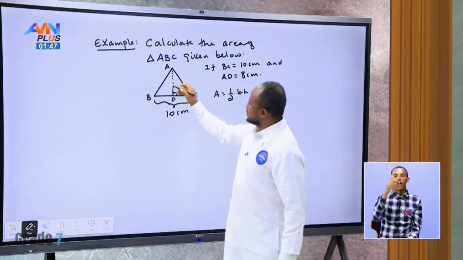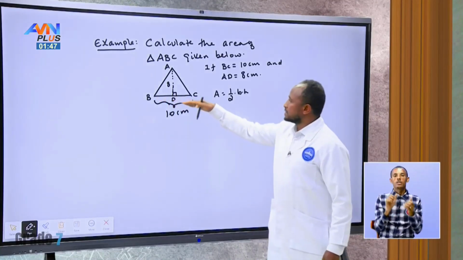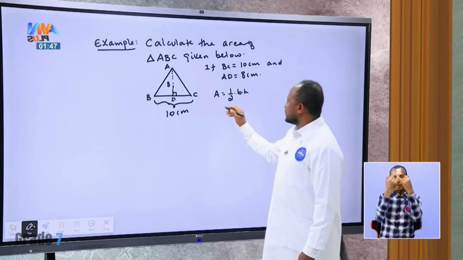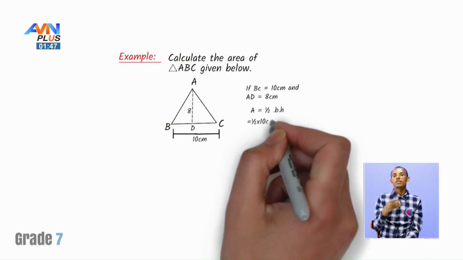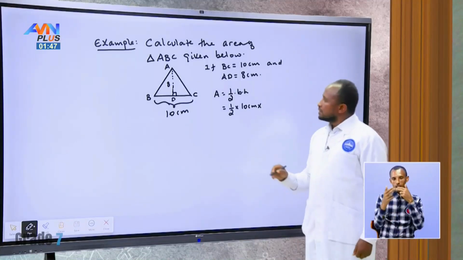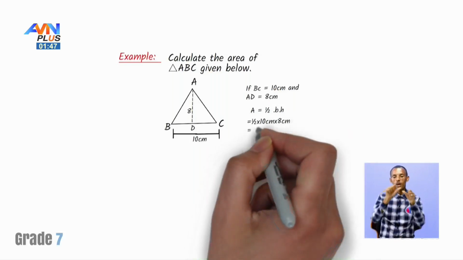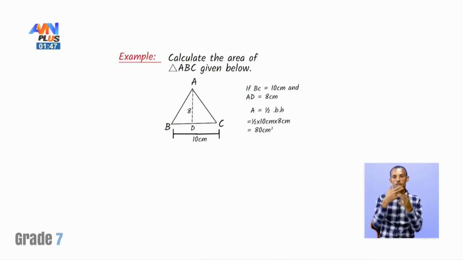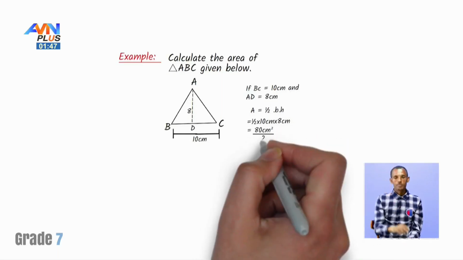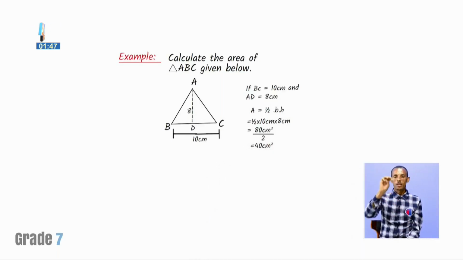And AD is given to be this 8 centimeter. Therefore, to calculate the area, simply base times height divided by 2. Its area will be half times the base, 10 centimeter, times the height, 8 centimeter. Therefore, 10 times 8 is 80 centimeter times centimeter, which is square centimeter, divided by 2, you'll have 40 square centimeter. So this will be the answer.